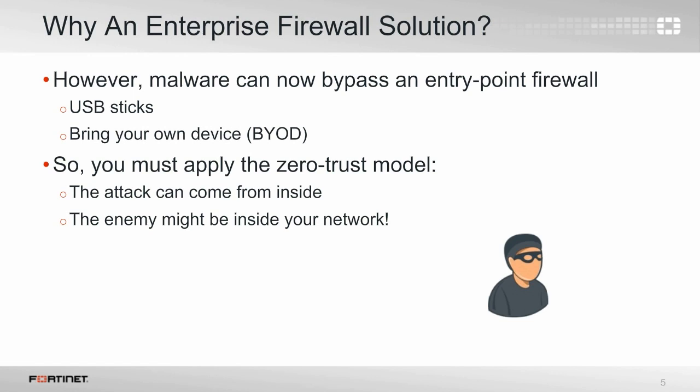This could happen through an infected USB stick or an employee's compromised personal device being connected to the corporate network. Additionally, network administrators can no longer take for granted that everything and everyone inside the network can be trusted. Attacks can come from inside the network.